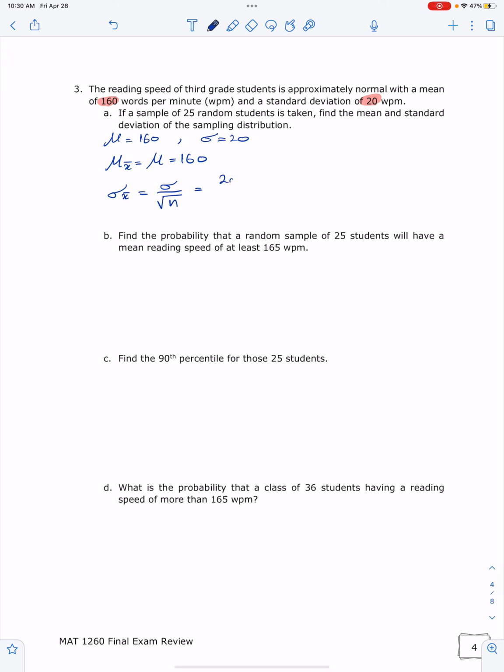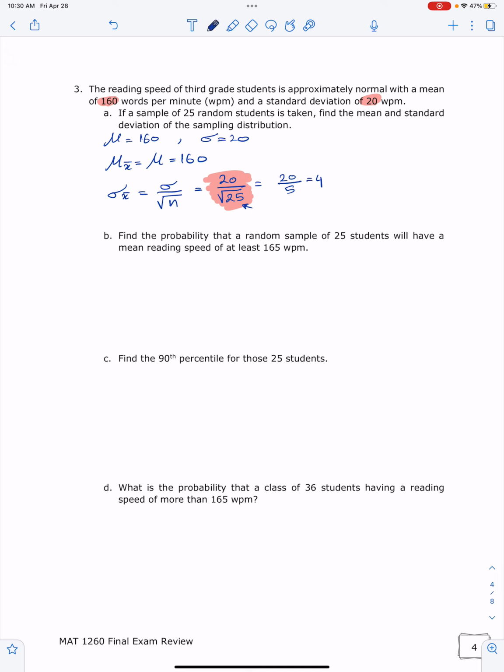In our case, it is 20 divided by the square root of 25, which is 20 divided by 5, that is equal to 4. Okay. If the number is not a perfect square here, you can just leave it in this format. You don't have to simplify it or find the answer in simplest form.